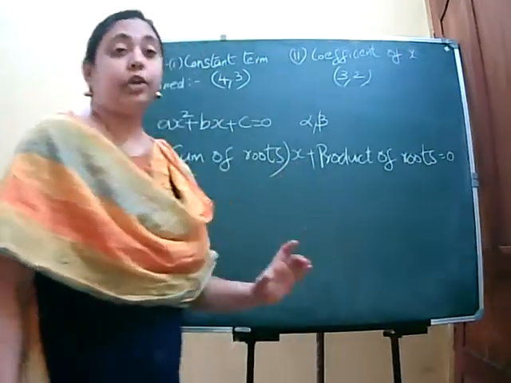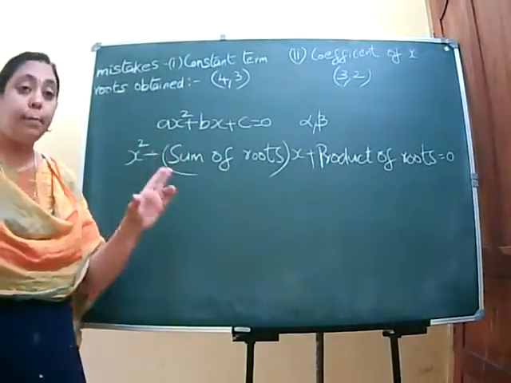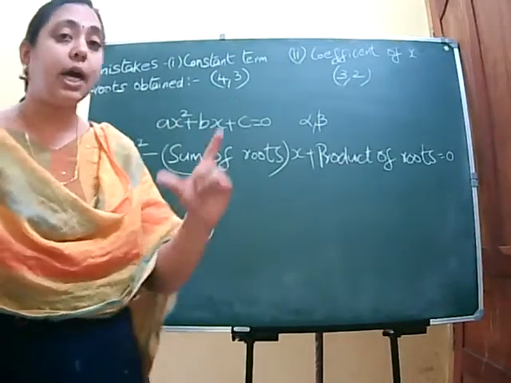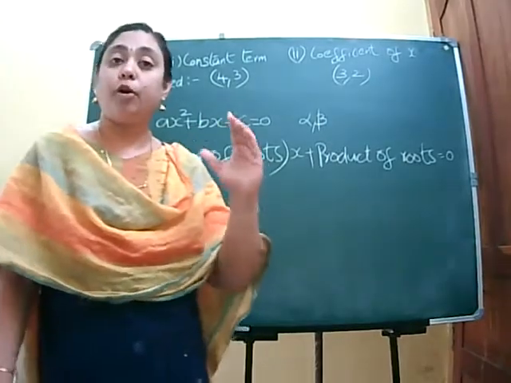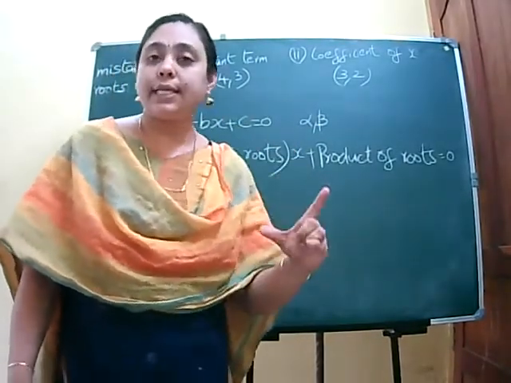A quadratic equation whose sum and product of the roots are given is x square minus sum of the roots into x plus product of the roots is equal to 0.